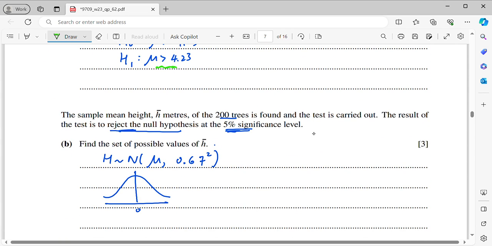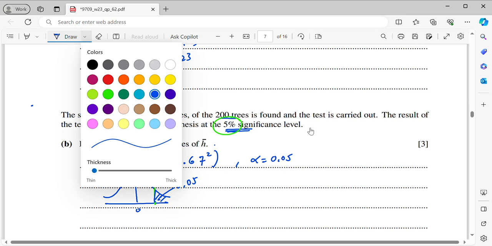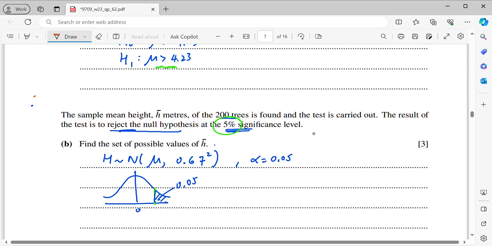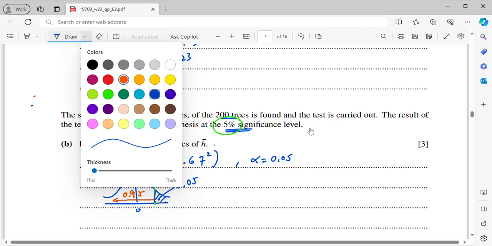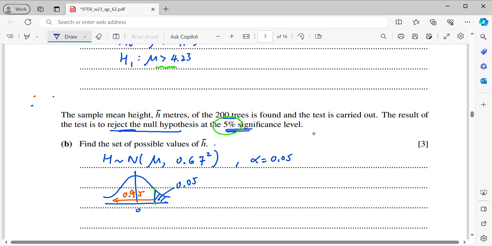So alpha is 0.05, and it's going to be the upper tail. This is your 0.05. To get the value from the table, you have to read 0.95, so that the total area of the region will be 1. Then here it is going to be 1.645.